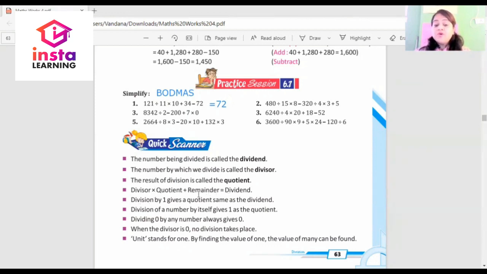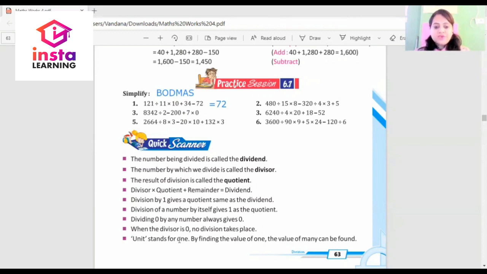So you have to learn this also. Division by 1 gives a quotient same as the dividend. As you all have done exercises related to this topic, division of a number by itself gives 1 as the quotient. Dividing 0 by any number always gives 0. When the divisor is 0, no division takes place. Okay, got it?